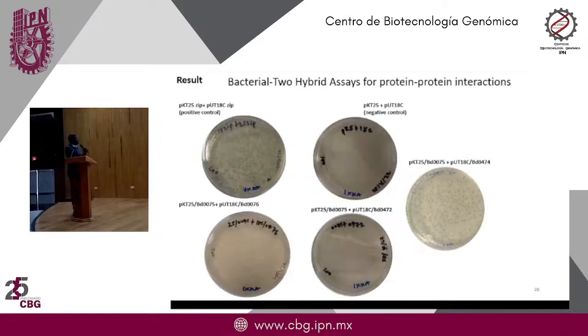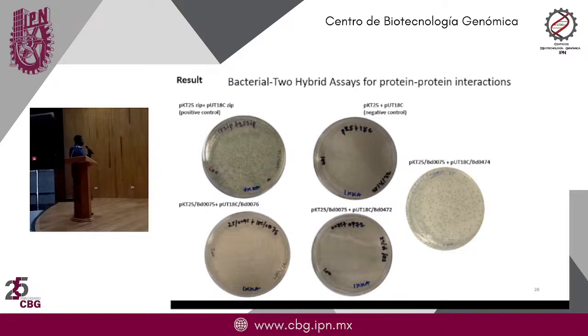So when we did the two hybrid assays, this is the positive control, which is the T18 fragment and the T25 fragment coming together using a leucine zipper, which brings them together. And we see that it's positive by the blue color. Then we add the empty plasmids, which were just the T25 and T18 fragments without the leucine zippers, which are not expected to come together. So that was negative.